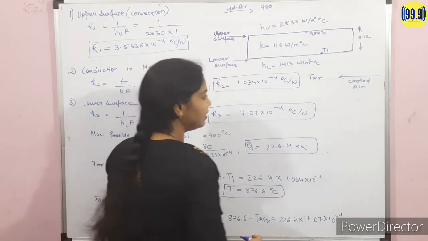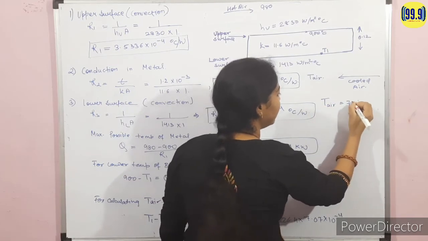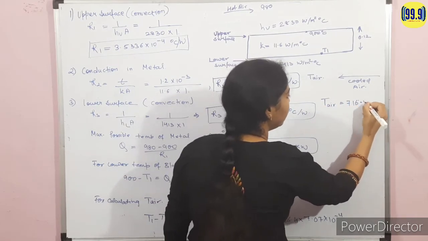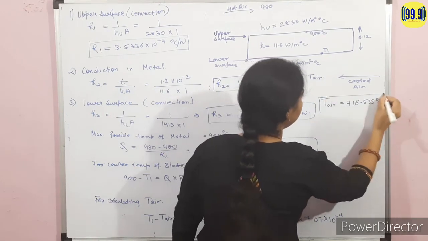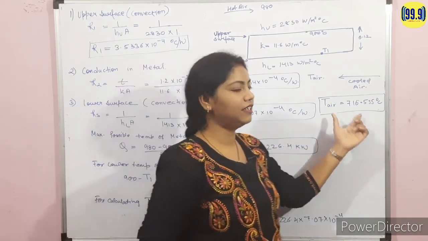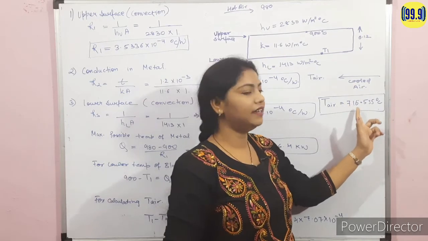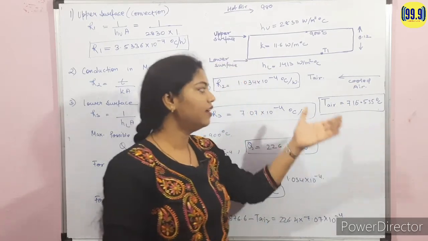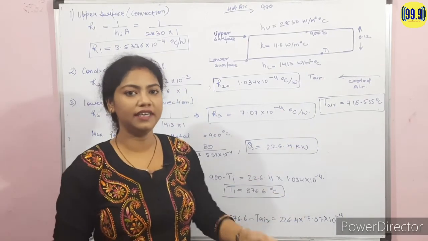After solving this, we got the value of T air as 716.535 degrees Celsius. So this is our final answer, that is the temperature of the cooled air. So that's how we calculate all the temperatures.